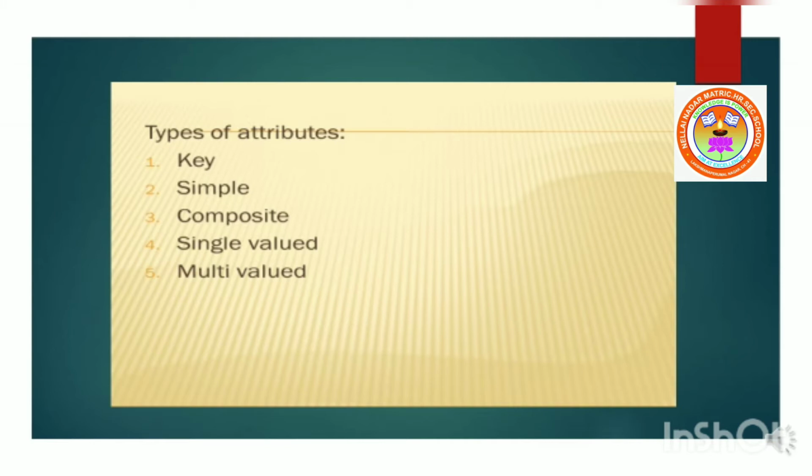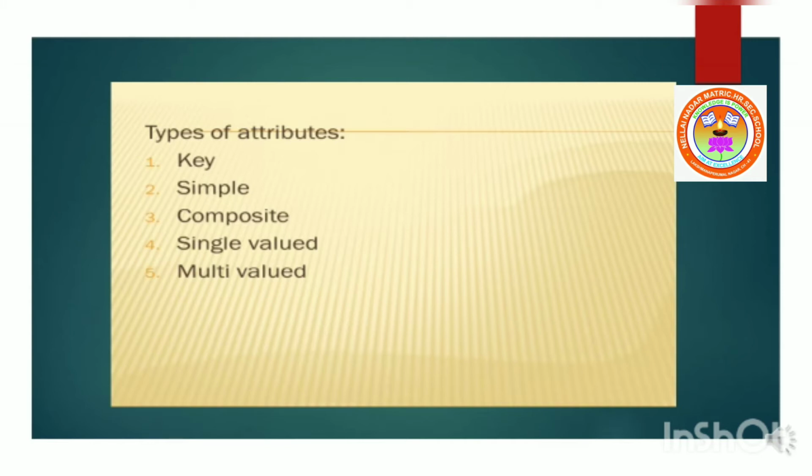You have to explain about entity, types of entity, attributes, types of attributes, entity instance, as well as relationship. Okay, in ER model, what are the concepts? Entity or entity type, attributes, and relationship.